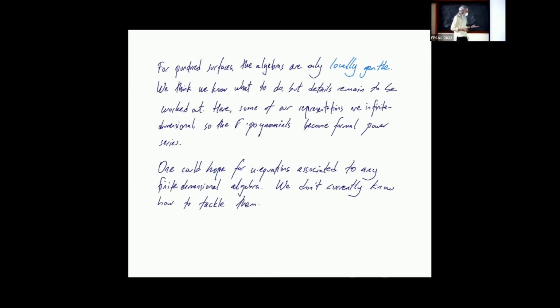So for these wild finite dimensional algebras, we have some guesses about how one might group modules together and then write down some U equations, but we certainly have zero idea about how to solve those. And I am eager for input from anybody who has thoughts about that.